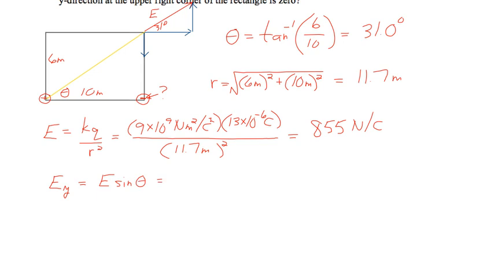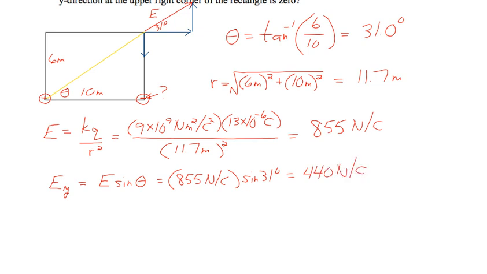We're going to take 855 newtons per coulomb and multiply that by the sine of 31 degrees. It's going to be about half of that number, 430 or somewhere around there. What is it? 440.